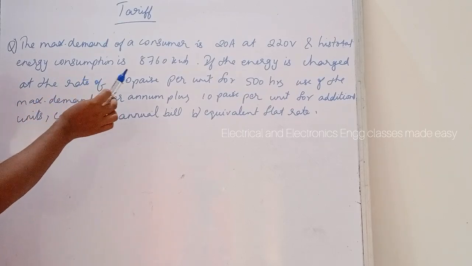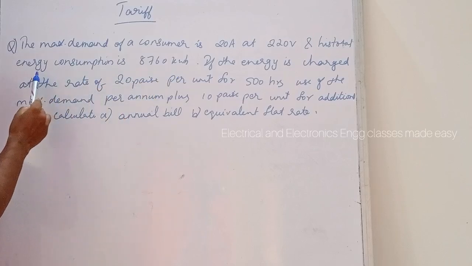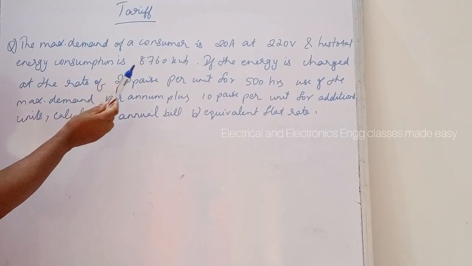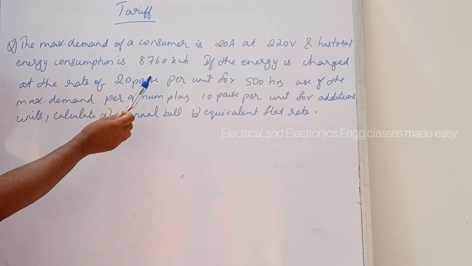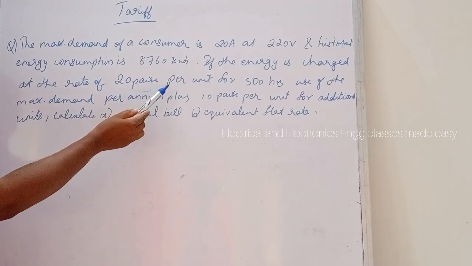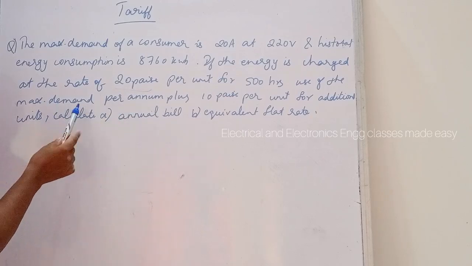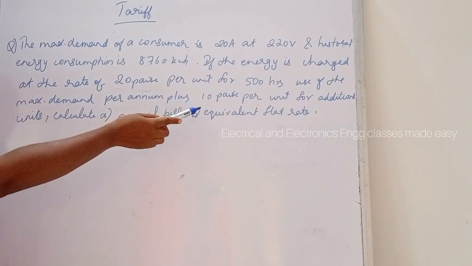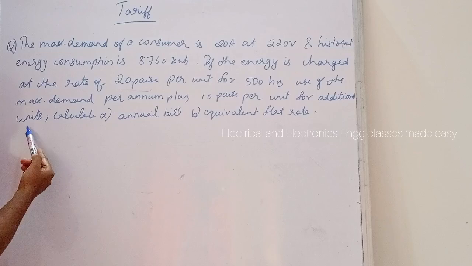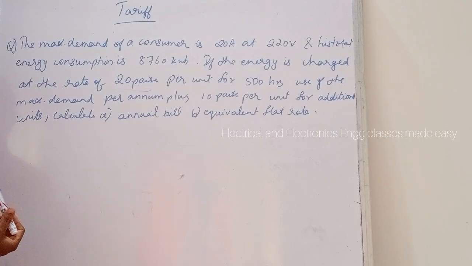The maximum demand of a consumer is 20 ampere at 220 volt and his total energy consumption is 8760 kilowatt hour. If the energy is charged at the rate of 20 paise per unit for 500 hours use of the maximum demand per annum plus 10 paise per unit for additional units, calculate annual bill and equivalent flat rate.